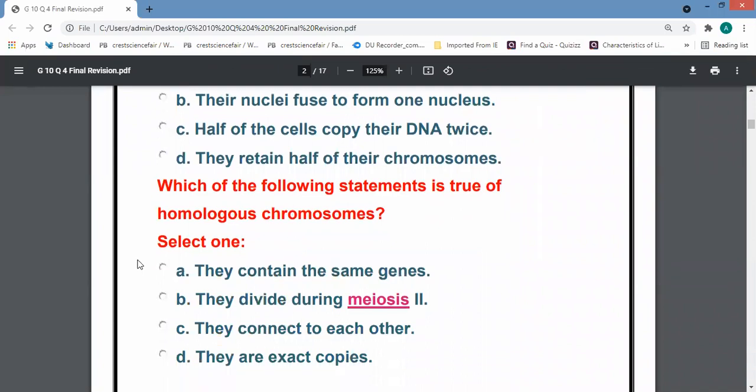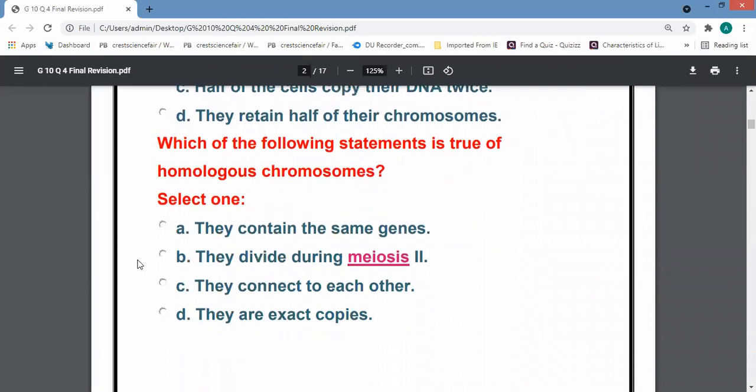Next one, which of the following statements is true of homologous chromosomes? Malak, can you please answer this question?